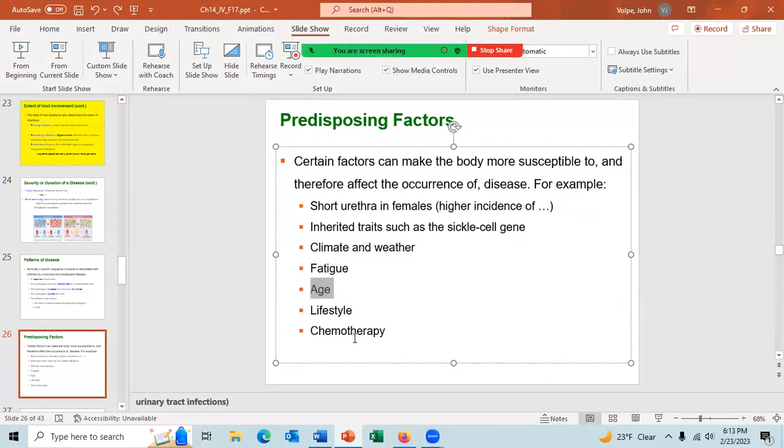Chemotherapy can predispose a patient to getting disease. Not only does chemotherapy weaken the patient's immune system, but it can also damage the mucosa and make an infection more likely.